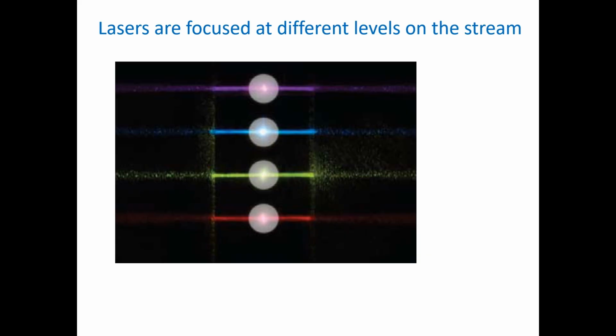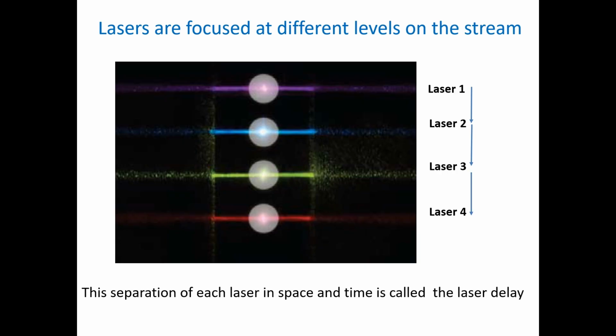Here we have 4 lasers: laser 1, laser 2, laser 3, and laser 4. The cell goes first through laser 1, then the second, third, and fourth lasers at specific times, different for every instrument, and determined by laser alignment, the distance between the lasers focused on the stream, and the sheath pressure, how fast the sheath fluid is moving.